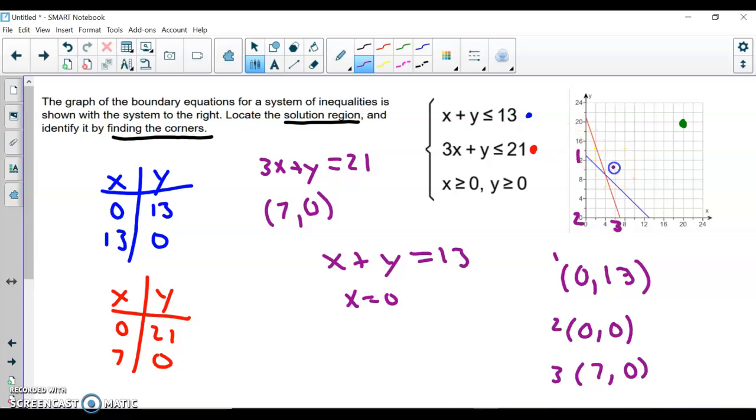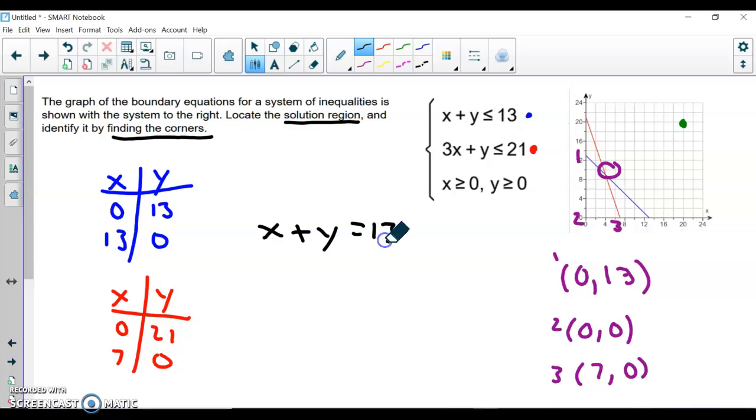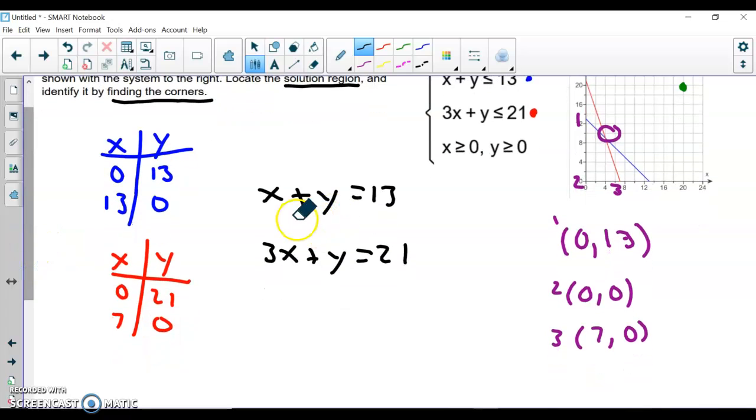Now the last corner point is the intersection of the red and blue lines themselves. So I'm just going to get rid of this real quick. We'll leave those corners over there. The way to get the intersection point itself is you have to solve the system of equations. That's the intersection of the blue line and the red line. So we'll just solve this system. Now you can do this in the calculator using the matrices.